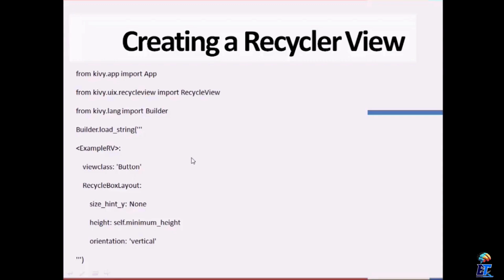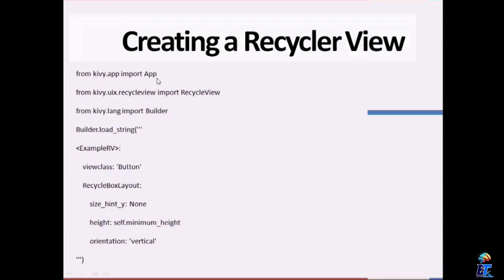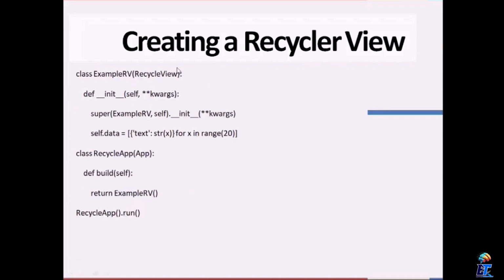Next, in the first class, we use the RecycleView and set the parentheses. Like we have imported the RecycleView and we are going to use this RecycleView. And we initialize the arguments as well by providing self comma double asterisk kwargs as an argument.